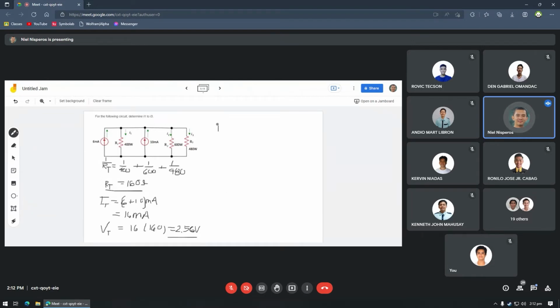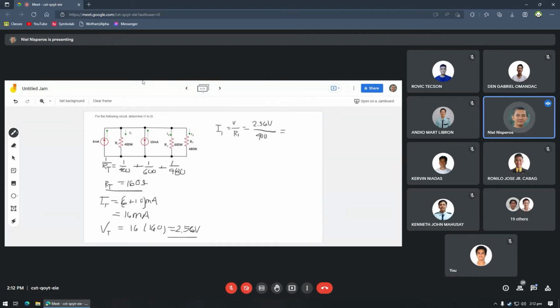So to find the individual currents, we use the same voltage over R1, R2, and R3. I1 is equal to 2.56 volts all over R1, which is 400 ohms.